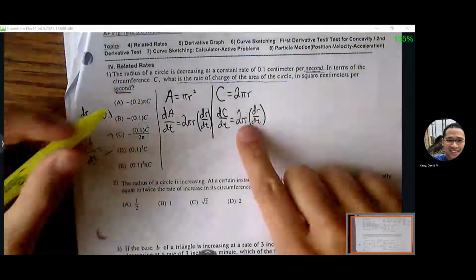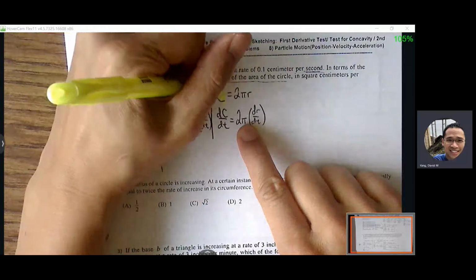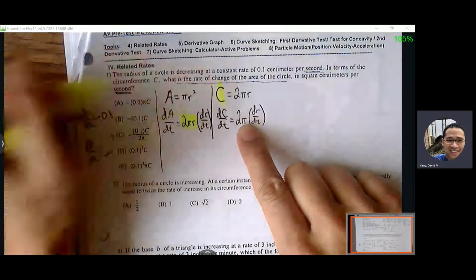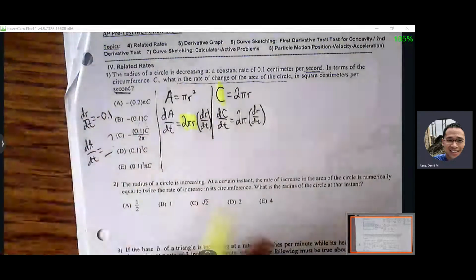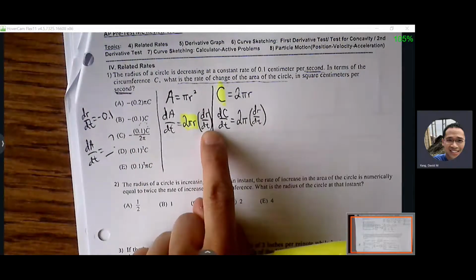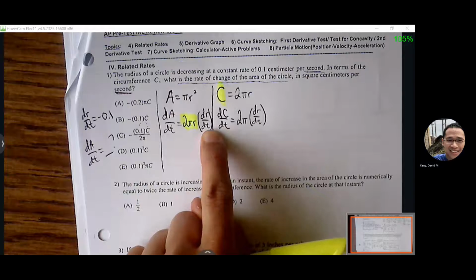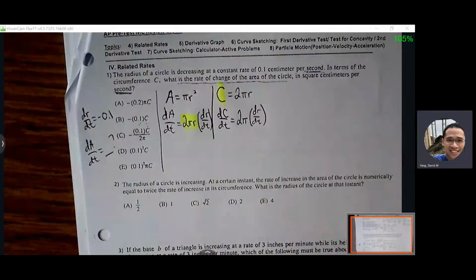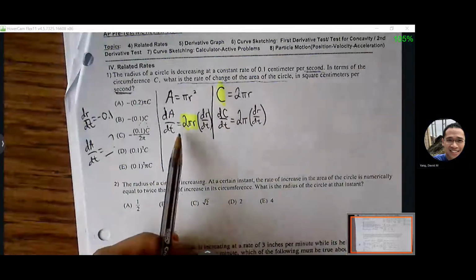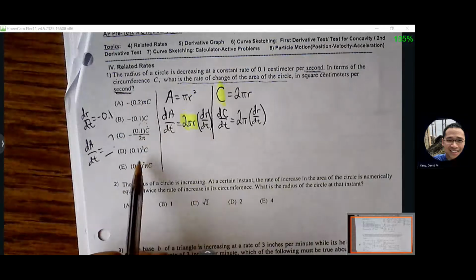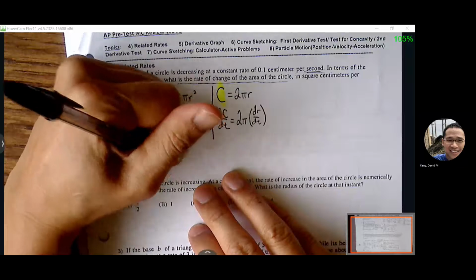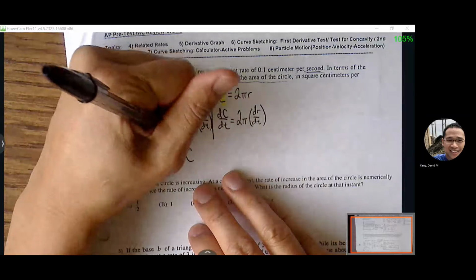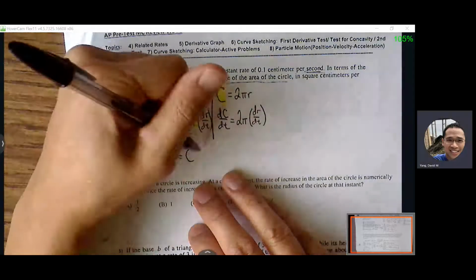What substitution can we make? Good. C can replace 2 pi r because we know that C is 2 pi r. So we can make that substitution to make it look like our answer choice. And then we can also replace dr/dt with negative 0.1, and that should move us towards hopefully matching one of our answer choices.